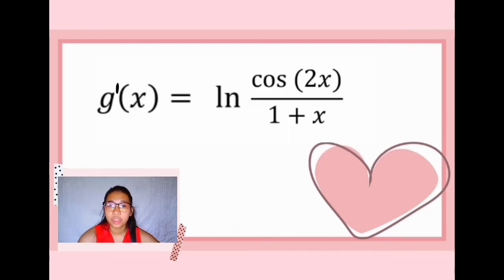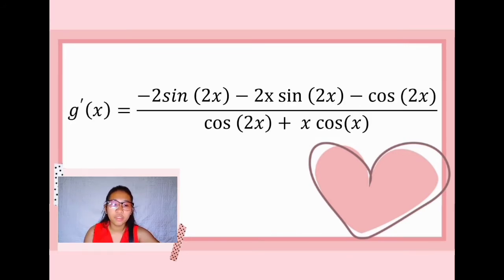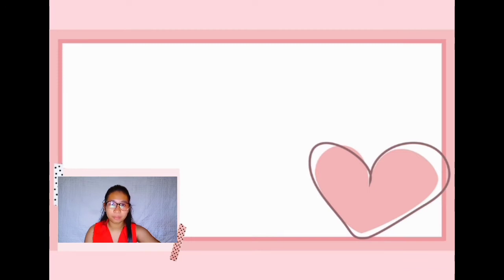For the final answer, the derivative of g of x is equal to natural logarithm of cosine 2x all over 1 plus x is equal to negative sine of 2x minus 2x sine of 2x minus cosine of 2x all over cosine of 2x plus x cosine of 2x.